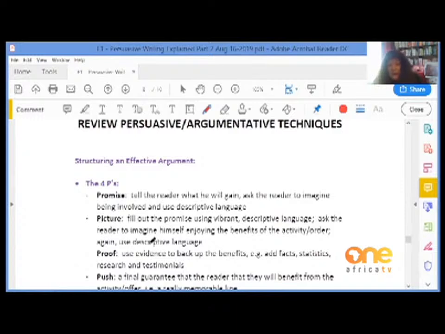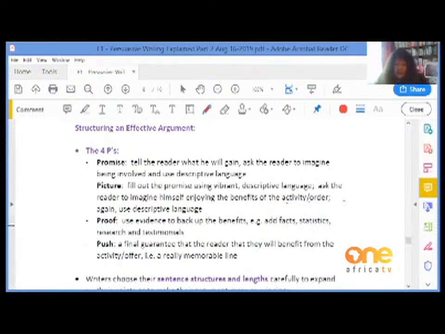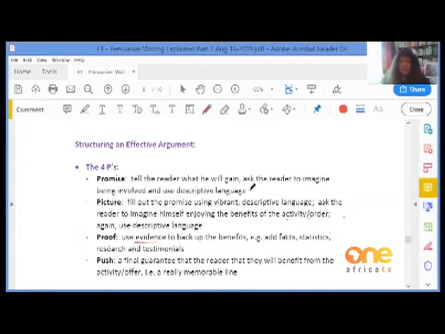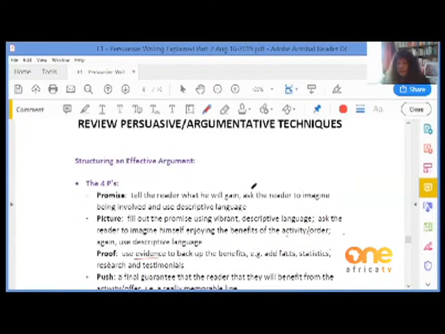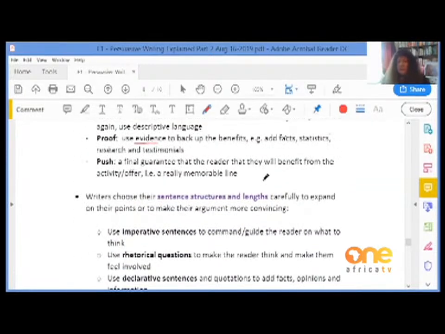And ask the reader to imagine himself enjoying the good points of what you're arguing for. Proof, again, that's your evidence is proof. Facts, statistics, research, testimonials. And then the final push, a final guarantee that the reader will benefit from whatever you've been arguing about. Okay, so that's the 4 P's, just to remind you.